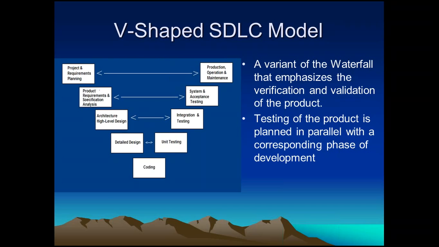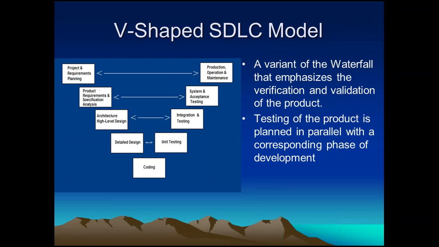If you have six phases of development, there should be an equal number of testing levels. In the diagram, the left-hand side shows all the development activities, and the right-hand side shows all the testing activities in the project.